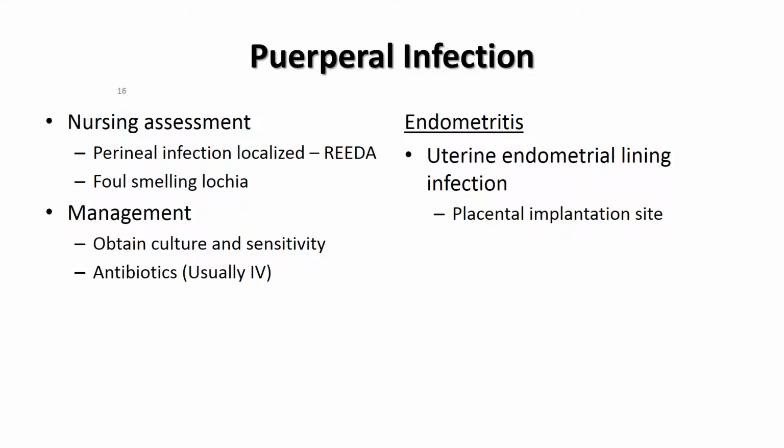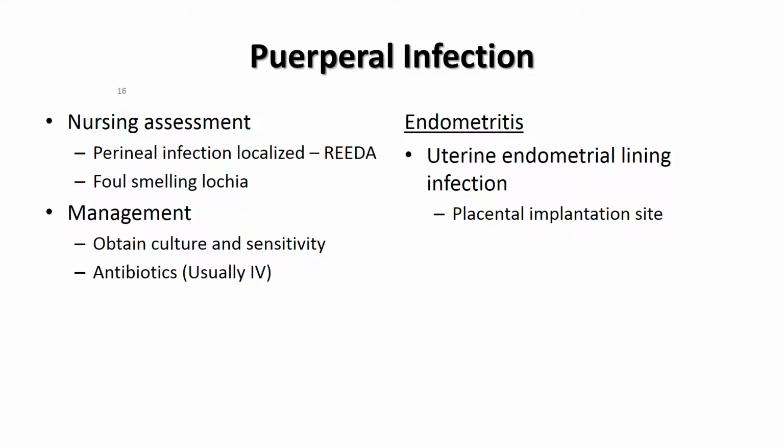Now REEDA isn't RITA, it is R-E-E-D-A. And what I like about this is that you can use this for any incision at all. It stands for R is for redness, E is for edema, E is for ecchymosis, D is for drainage, and A is for approximation.